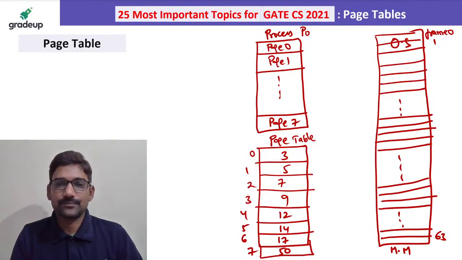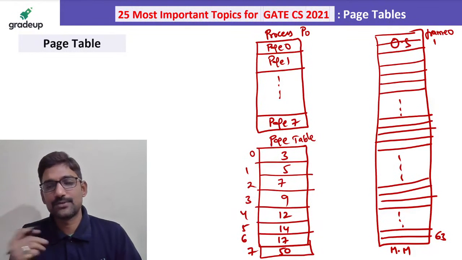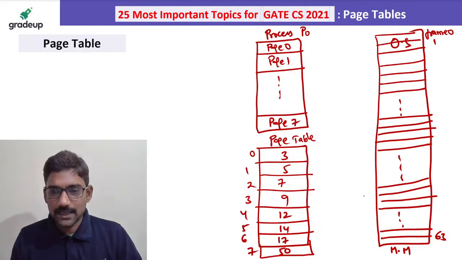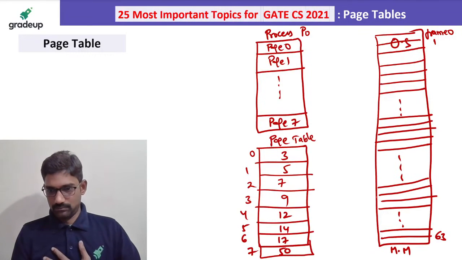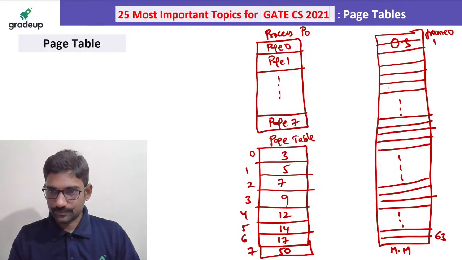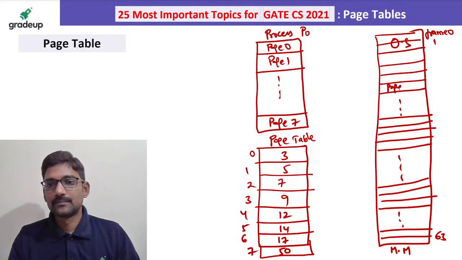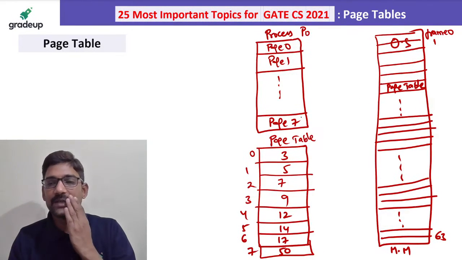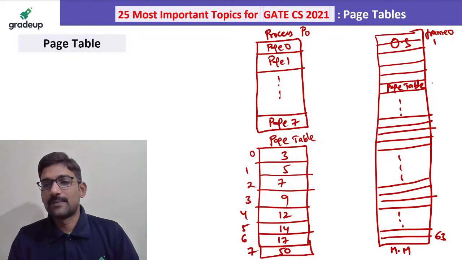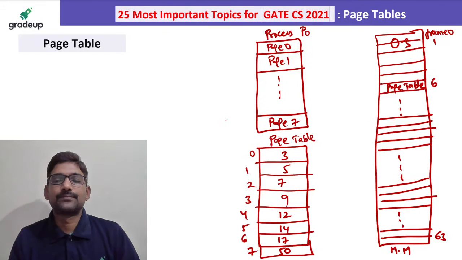Okay. Now the question is, where is this page table stored? That is also stored in main memory. The page table also should be stored in main memory. Let's say the page table is stored here. So P0 page table is stored here. Let's say this frame number is, let us suppose, 6.